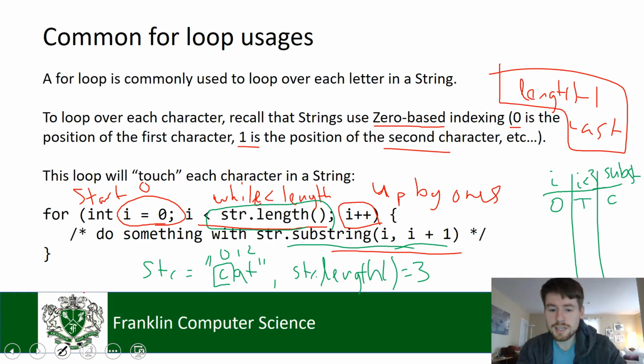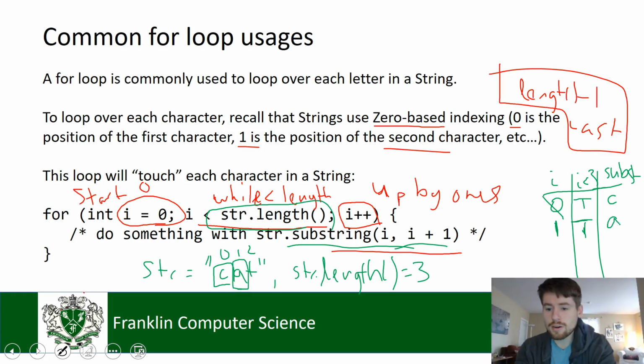So if we grab the substring 0, 1, that is C. Then we increment i, and i goes up to 1. We check, is 1 less than 3? True. And then we grab the substring at 1, 2, which is going to be A.